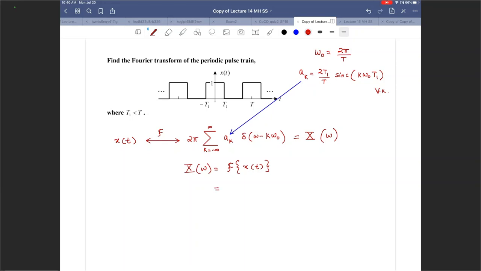is going to equal 2 pi, there's a summation, k equals negative infinity to infinity, a_k gets substituted, sinc of k omega naught t1, where omega naught is 2 pi divided by T, and then I have the delta functions.